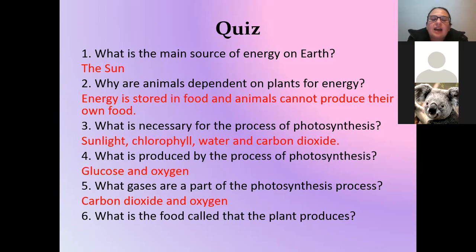So if you look at our requirements and our products, which of those compounds are gases? The carbon dioxide and the oxygen. Correct. What is the food called that the plant produces? Glucose. Well done.